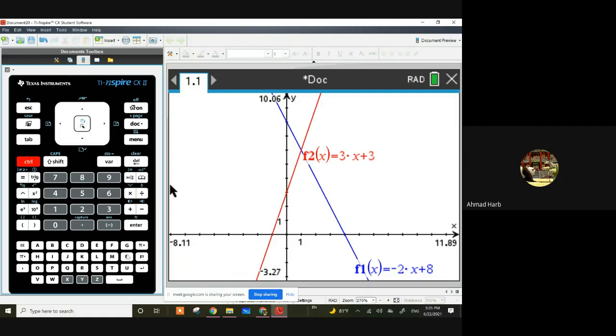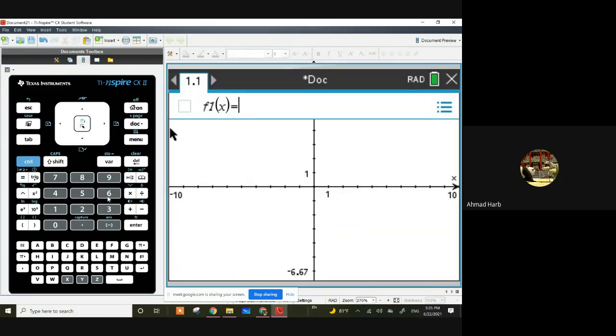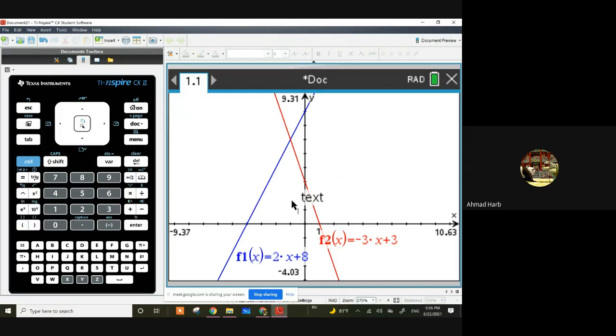So Ctrl N, let's graph the third answer. Third answer says 2x plus 8. Notice plus 8, that's the y-intercept. And tab -3x plus 3, and that's the y-intercept right here. And if you notice, it's actually crossing at -1 and 6.